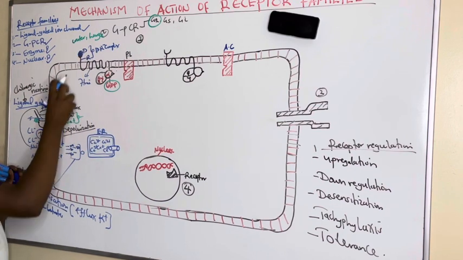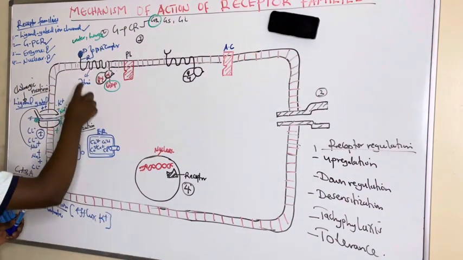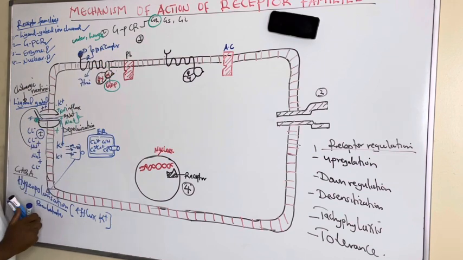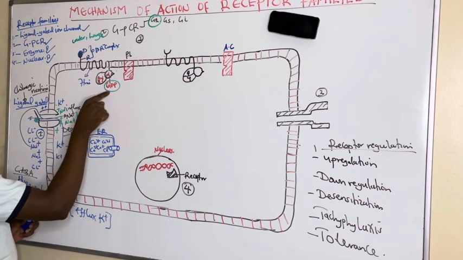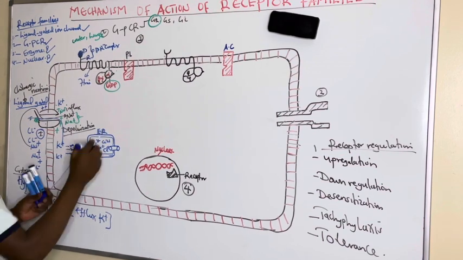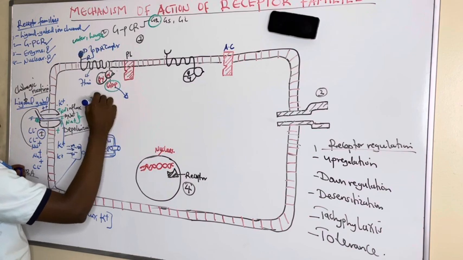So when the drug binds to form a drug receptor complex, it causes a conformation change, and after forming this complex, the alpha subunit which is in combination with the GDP releases the GDP and binds to GTP.